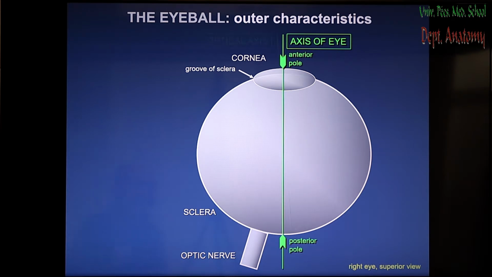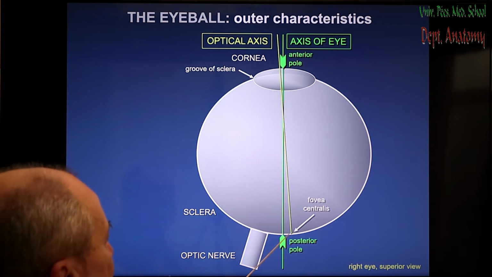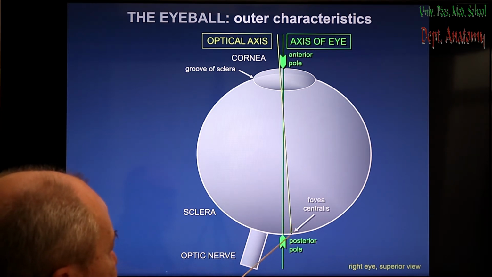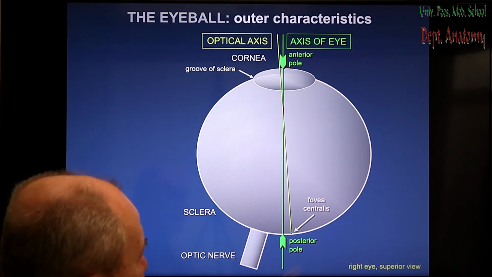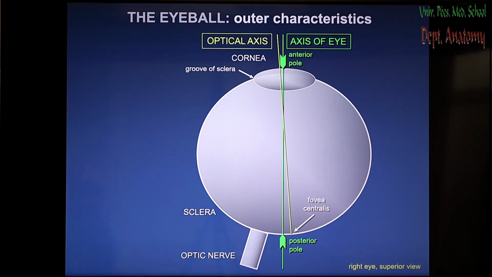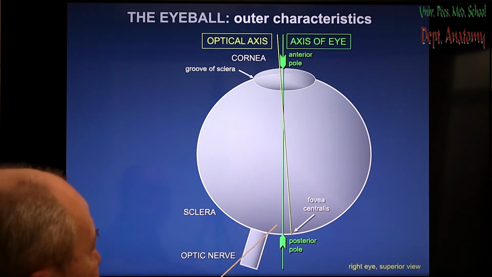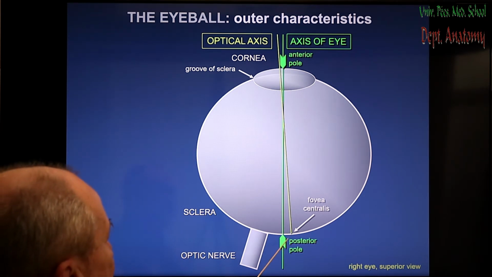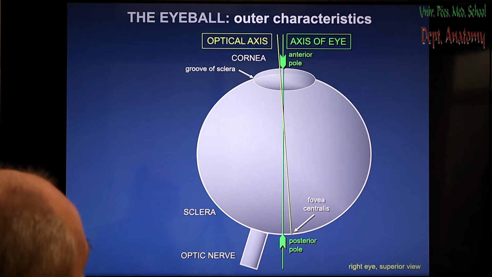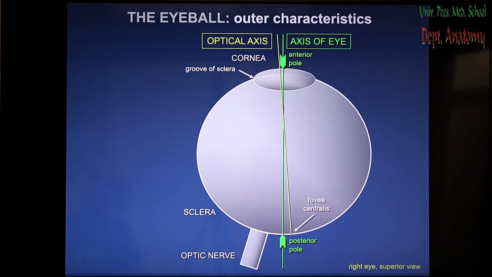It is important to mention that the axis of the eye is not the same as the optical axis, as the light goes through the eyeball, since the place of the retina, the innermost coat of the eye, where the very sharp perception of the visual influence is made, is called the fovea centralis. This one is shifted slightly lateral to the posterior pole, therefore the optic axis closes an angle with the axis of the eye.